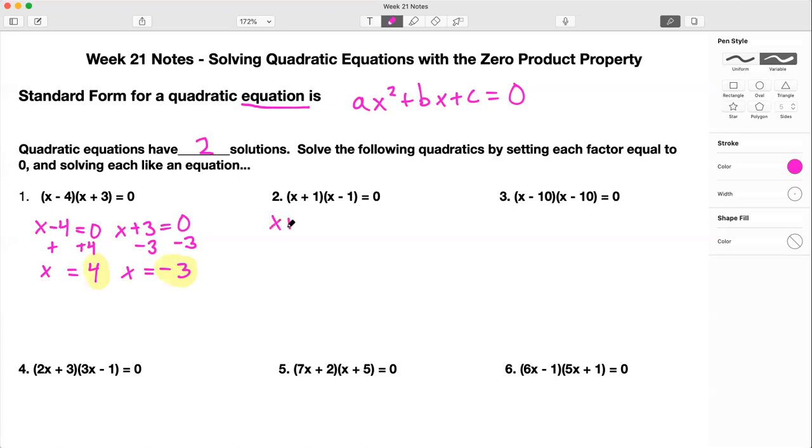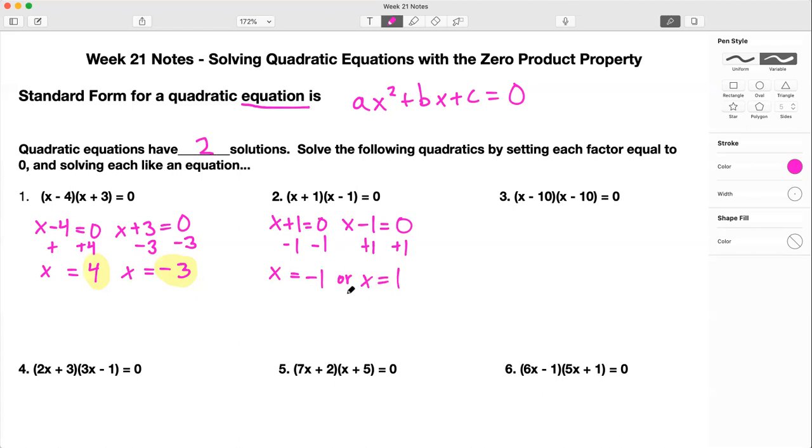All right, number 2. So what we want to do is set both of these equal to 0. X plus 1 is equal to 0. X minus 1 is equal to 0. We subtract 1 on both sides of the first one. X equals negative 1, or x equals 1.